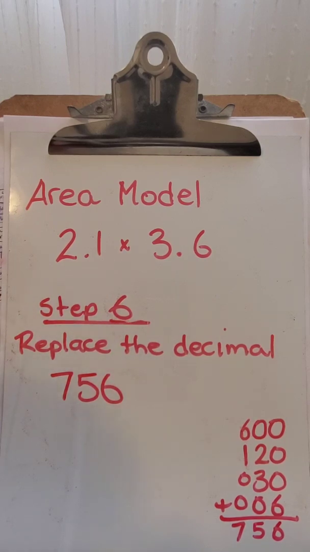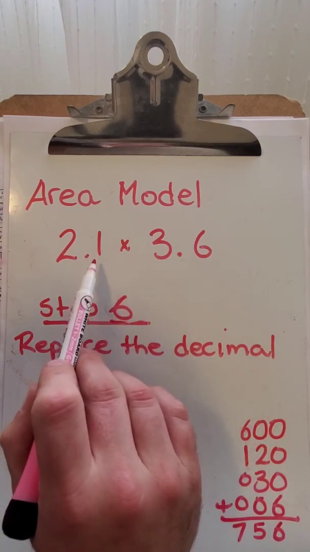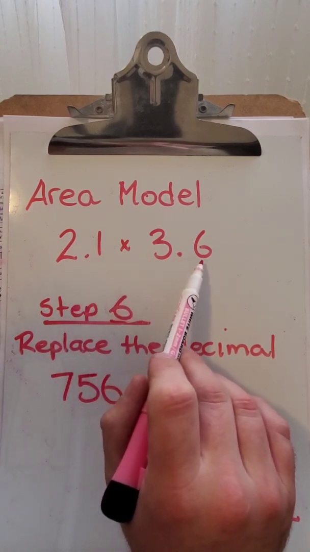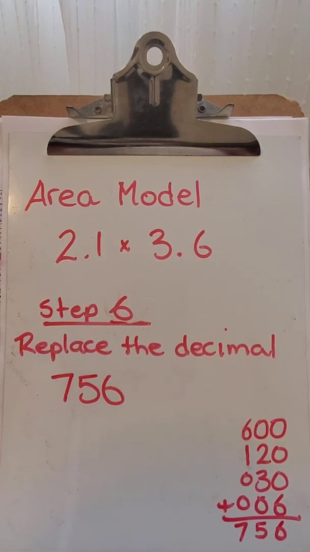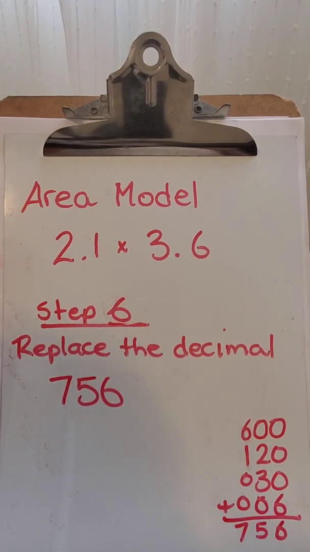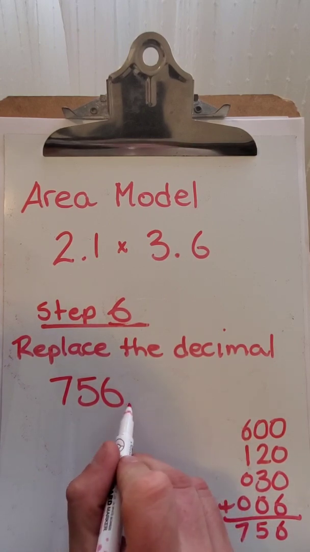Step 6, replace the decimal. So if I look at my original question, 2.1 times 3.6, I notice that there are 2 digits behind the decimal point, one here and one here. So what that tells me is that I get to move the decimal 2 places to the left, starting from the right here.